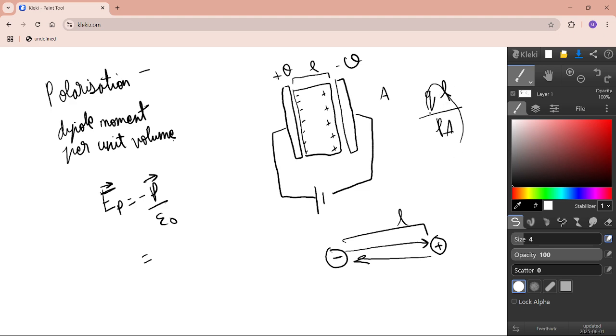The Q by A is the charge density, also defined as sigma. So the dipole moment per unit volume, or the polarization, has the same units and the same magnitude as sigma, the charge density.